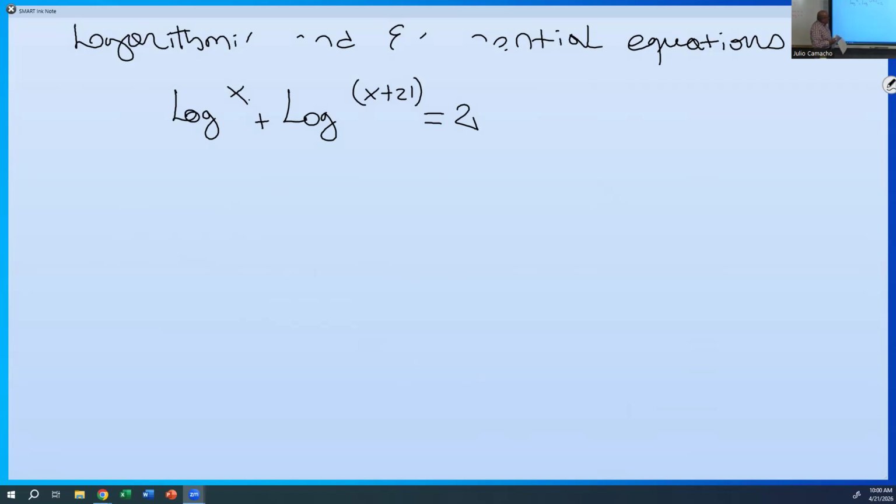Exactly. It's the product rule expanded. Remember, when you have the product rule, you can expand the logarithm, or you can reverse it. What happens if we reverse the product rule back to one log? So you put your log. Another thing: they don't give you a base. When they don't give you a base, you can assume the base is, what is the default base?